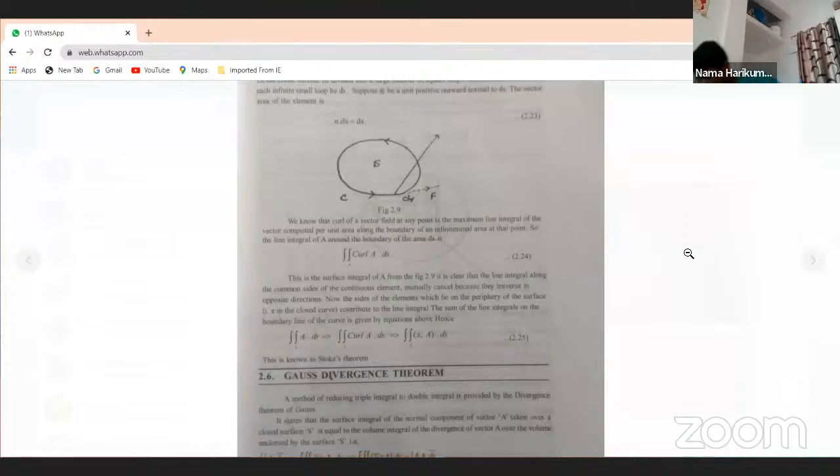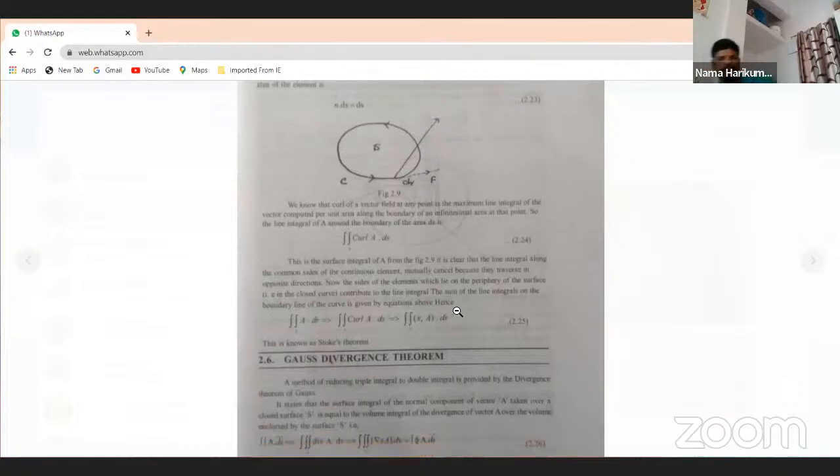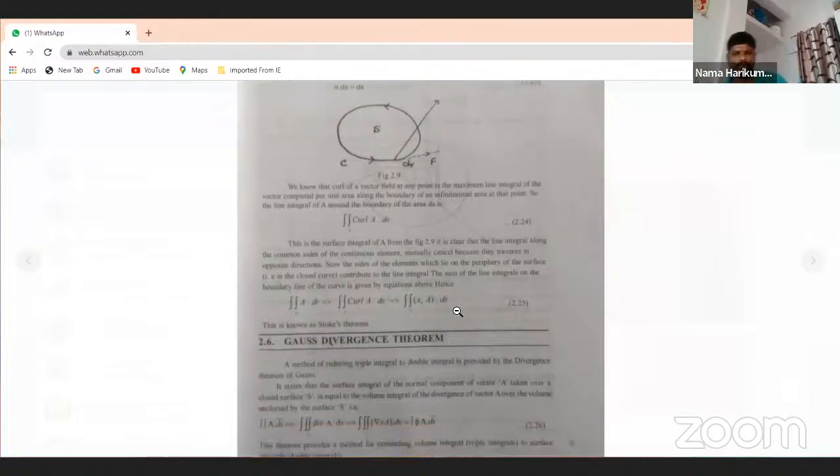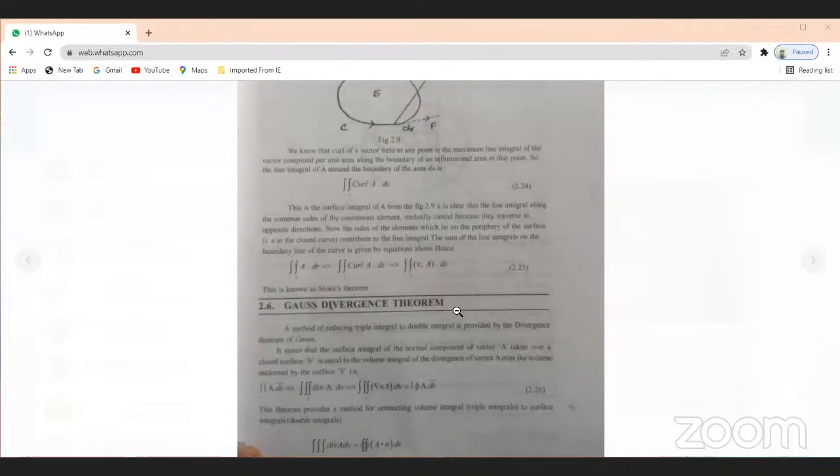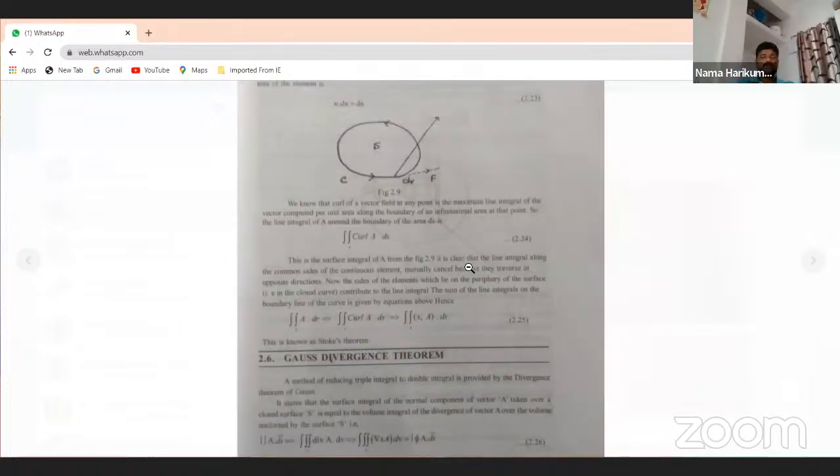So in the Gauss divergence theorem, the surface integral we have to modify to a volume integral. In this modification we use the divergence, div.